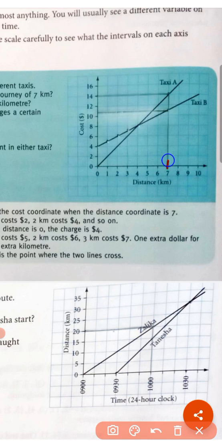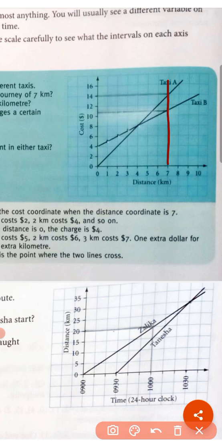This is 7 kilometers. Draw a perpendicular line from 7 on the x-axis.